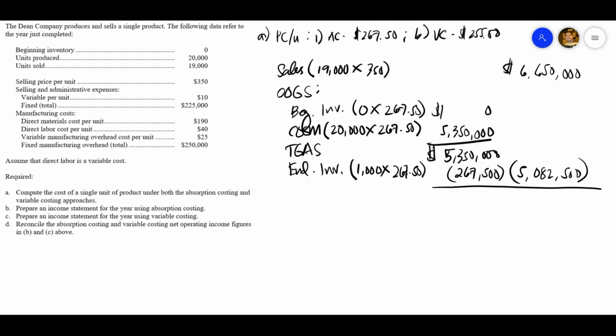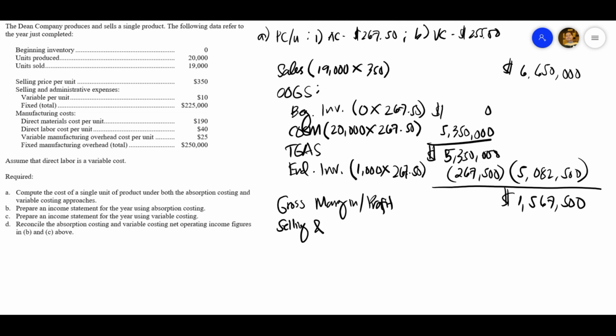And when we deduct your cost of goods sold from your sales, it will give us a gross margin or profit amounting to 1,567,500.